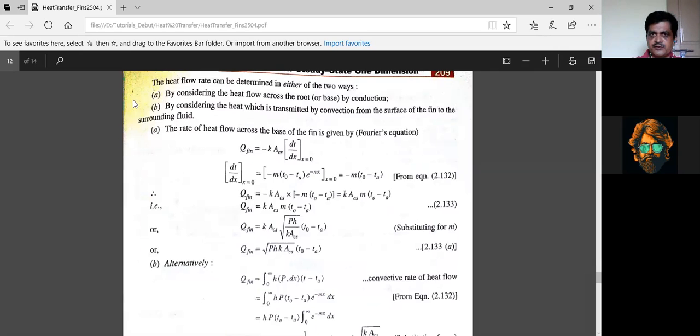Therefore, you have to calculate the heat transfer at the base, Q fin at the base, when x is equal to 0. To find dT by dx, once again we have to go back. There we derived an equation, minus m theta e raised to minus mx. I will show it here again.